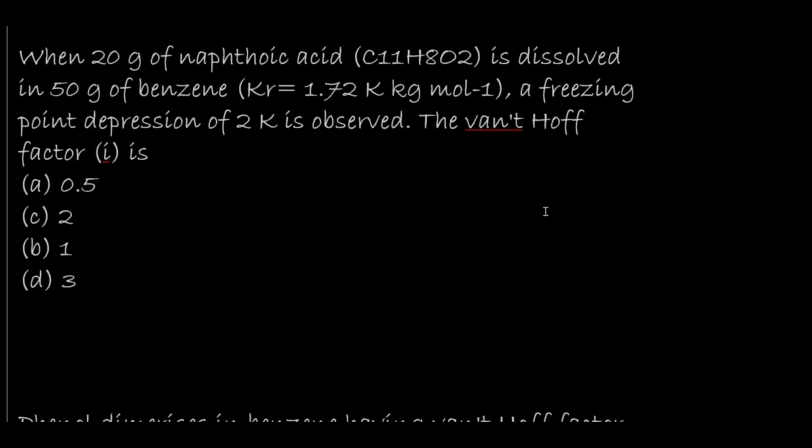Let's move on to the next question, asking: when 20 grams of naphthoic acid, that is C11H8O2, is dissolved in 50 grams of benzene, Kf value is 1.72, and the freezing point depression is 2 Kelvin. Find the Van't Hoff factor. So you can apply the Van't Hoff factor along with the freezing point depression formula.